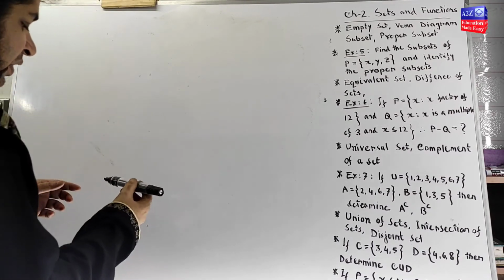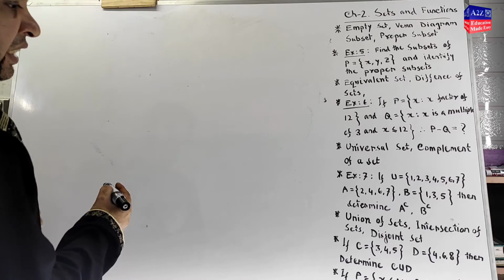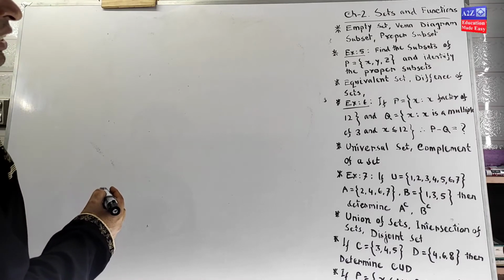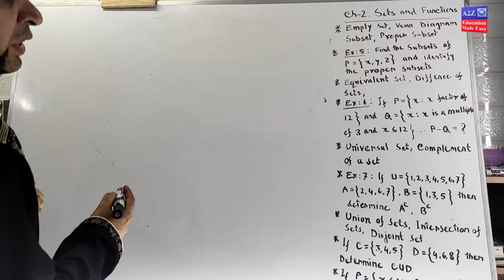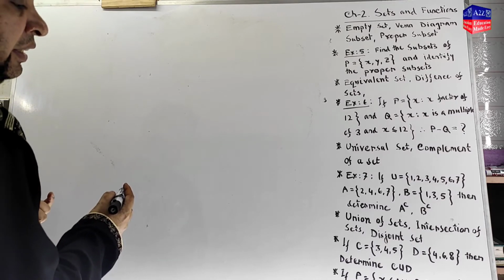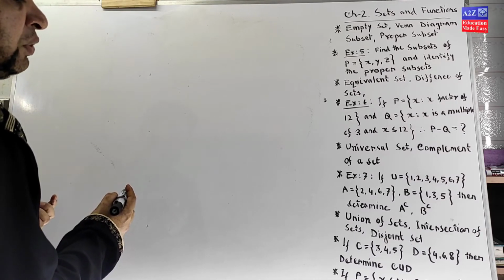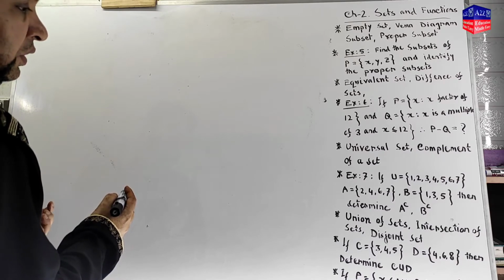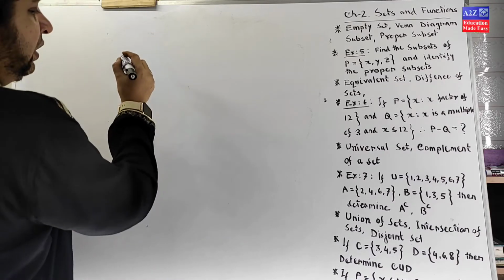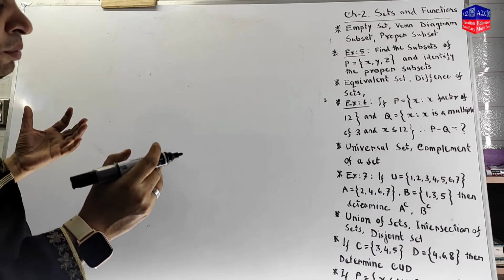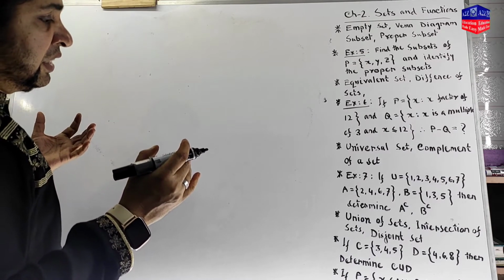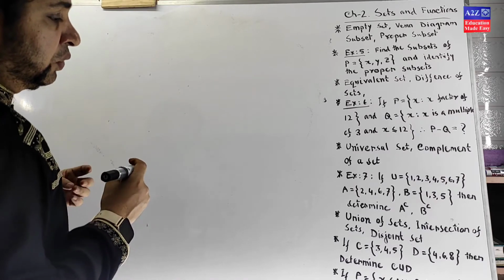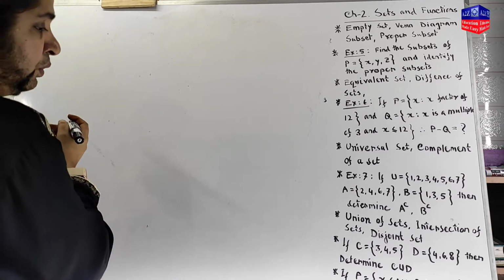Now I have to define the union of sets. If a set contains the elements of two or more sets, then that set will be defined as the union of these two or more sets. Say, for example, examples will define the problems or the sets very much easily and clearly, so I would like to give some examples always.